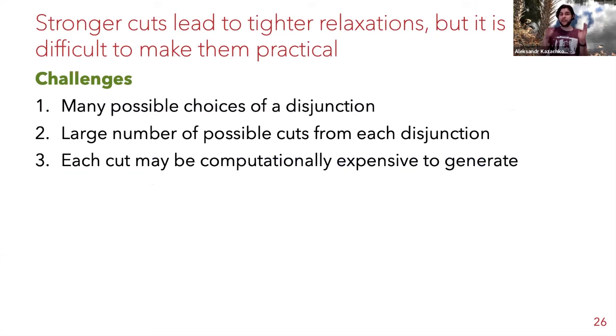Moreover, even if you did solve the first two problems, you knew which disjunction to use, and you had a good idea of which cuts are good, there is a problem that sometimes it's computationally expensive to generate those cuts. And then it's not worth it, because by the time you generate those cuts, you could have used a different technique that was weaker, but still gave you the same result faster.